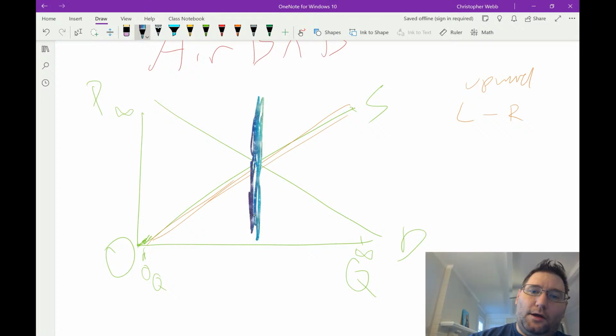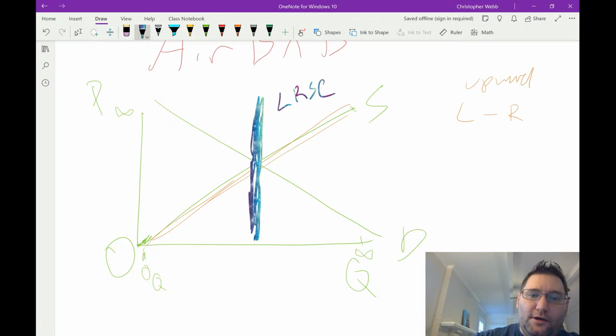So this would be the long run supply curve. And a lot of students can't understand why we would have a vertical supply curve? And that's what we're going to go through today.